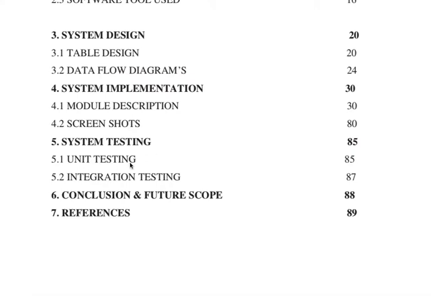For example, for the user input, you first make a correct entry and then a wrong entry. Suppose for the student name you put 1234, it should display an error. Or for the admin module, you can enter a wrong id and password, and then it should show that it is wrong, go to another page, or display some message like this.